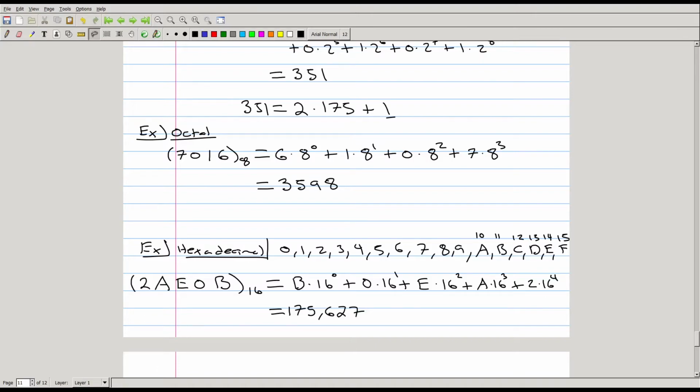Likewise, 3,598 is going to be equal to 449 times 8 plus 6.